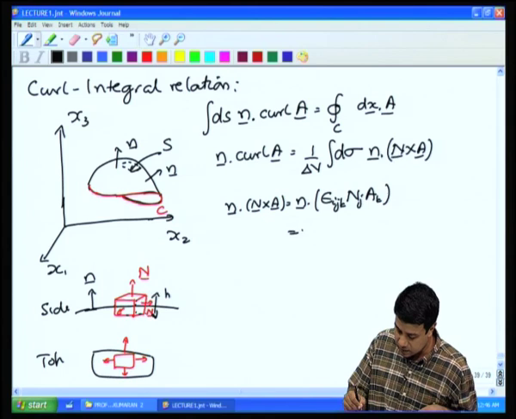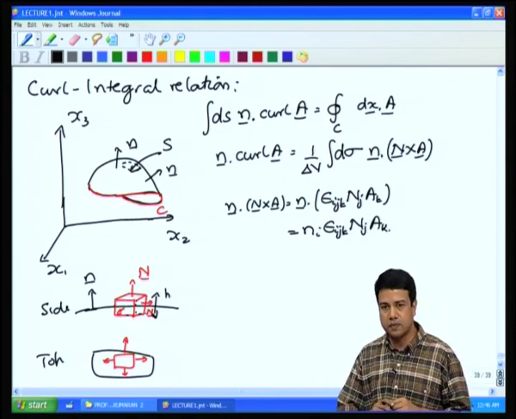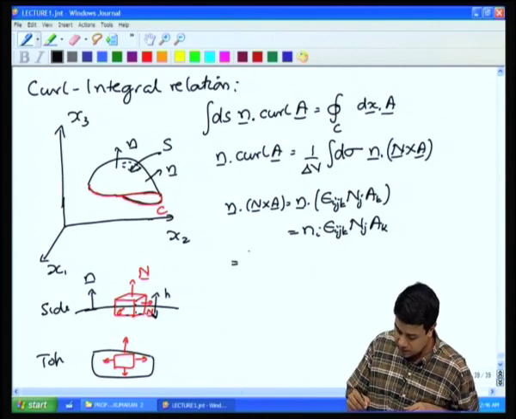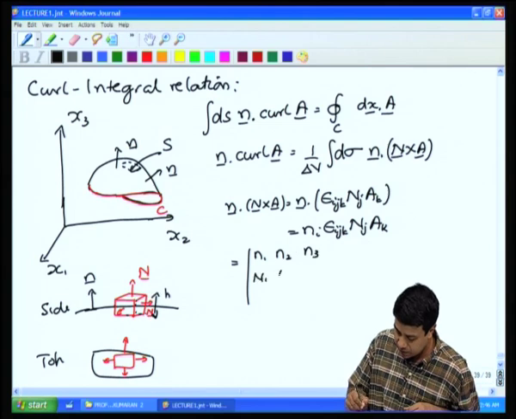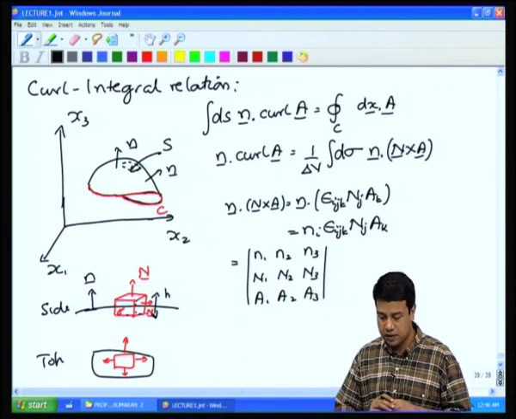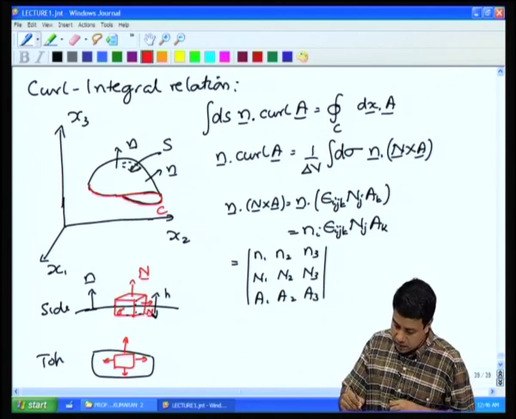So, this just becomes equal to n i epsilon i j k n j a k. It is a good place to now introduce the triple product. This you are familiar with. This can be written as the determinant with rows n 1, n 2, n 3, then N 1, N 2, N 3, then a 1, a 2, a 3. That is the matrix form. In indicial notation, we will just write it in this particular fashion.